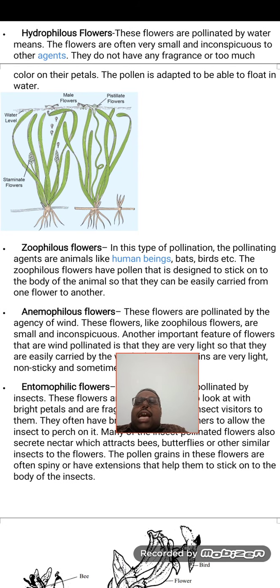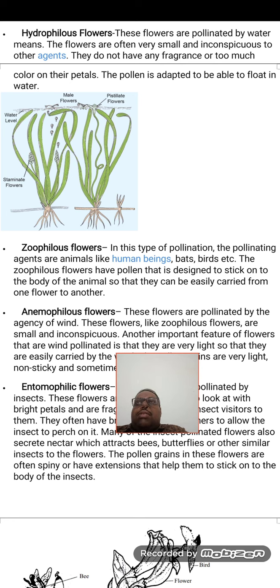And the next one is anemophilous. Anemophilous means pollination takes place by wind. There are a lot of flowers like that. One of the best examples we can see is cotton. Cotton is pollinated by wind. Whenever we say they are pollinated by wind, you must understand that they will be very light.